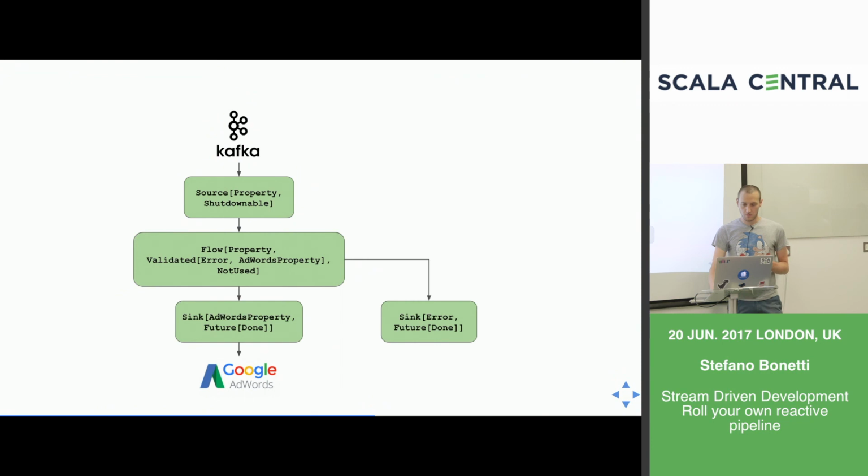So moving on to the sink side, this calls actually for a partition of the graph, because again, we can have two outcomes of our processing. We could have actually a perfectly valid AdWords property coming out, or a validation error, right? So we just designed two sinks here, one to actually talk with AdWords for the happy path, and one to do something with the errors.